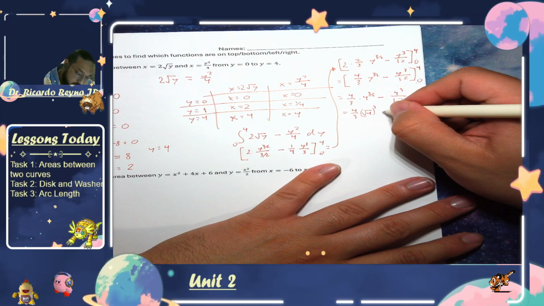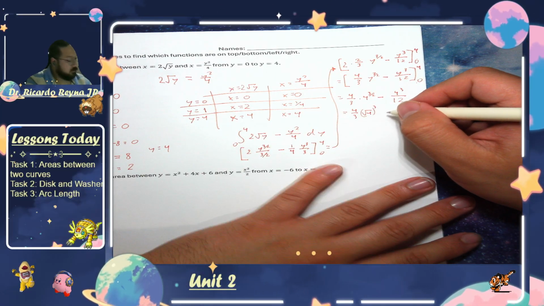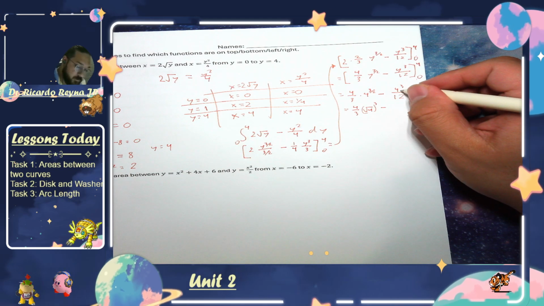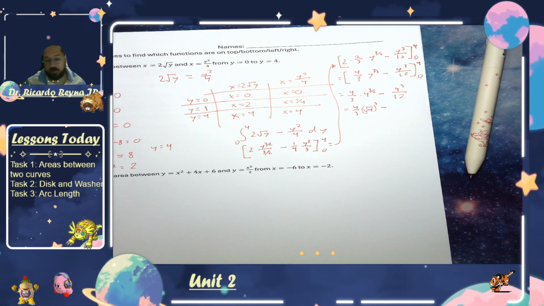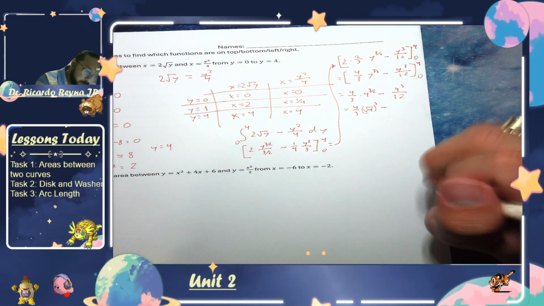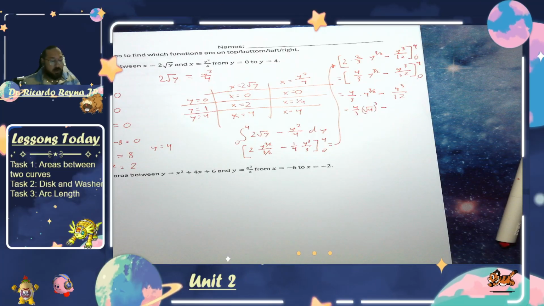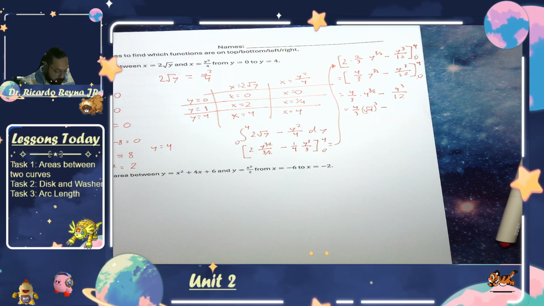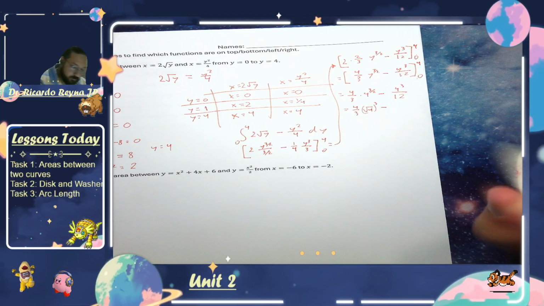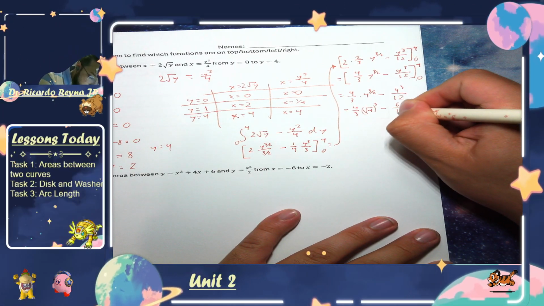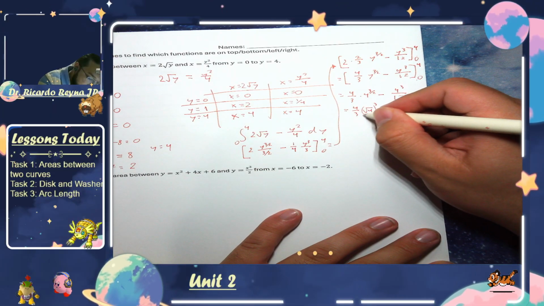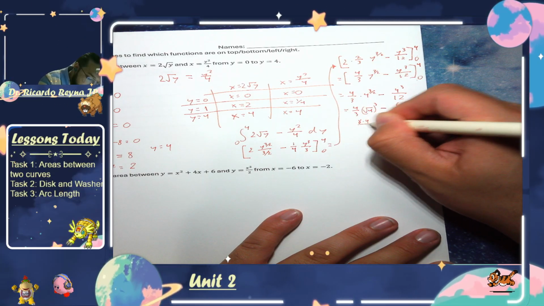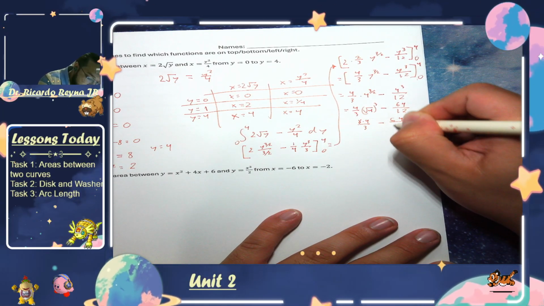And then 4 to the power of 3, I believe that's 64, yes. Let me check on the calculator. I'm pretty sure that's 64, over 12, and then 2 to the power of 3 is 8. So 8 times 4 over 3 minus 64 over 12.